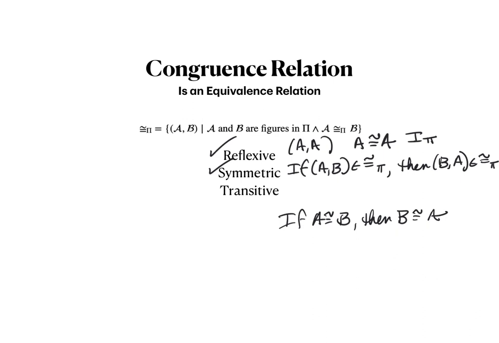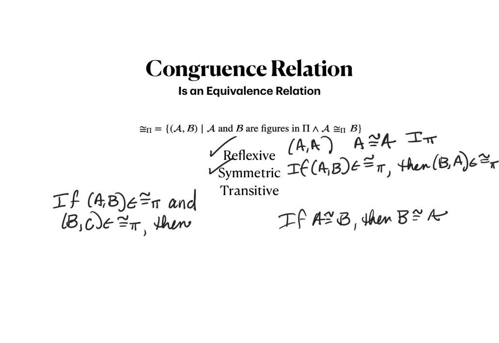And then finally, it has to be transitive. In order for it to be transitive, if A comma B is an element of my congruence relation and B comma C is an element of my congruence relation, then in all cases, A comma C also has to be an element of my congruence relation. Well, let's think about how that's true.